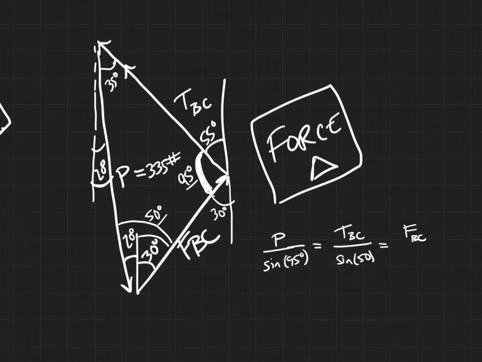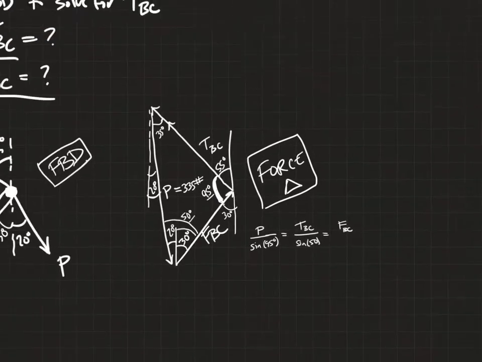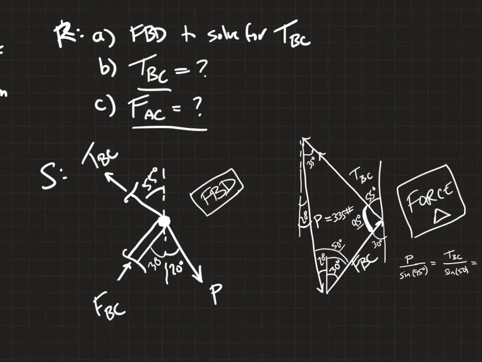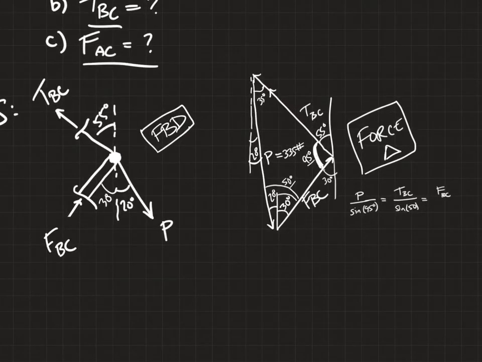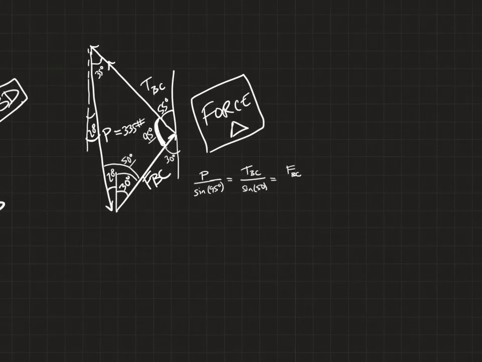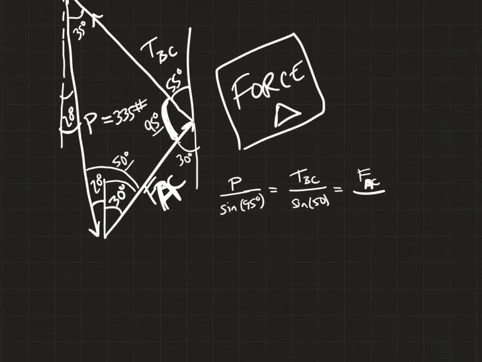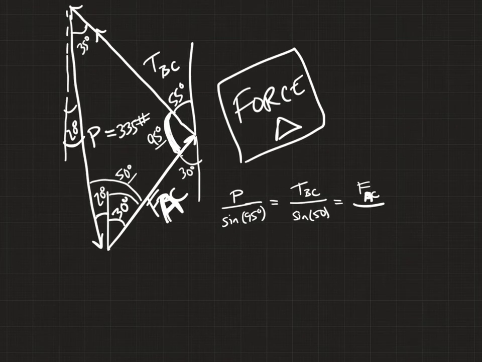Somewhere we've got a name wrong here. Let's see if we can figure that out. It shouldn't be FAC. So this should be an AC over here, and this should be AC over the angle across from it. The angle across from it is 35, sine 35.